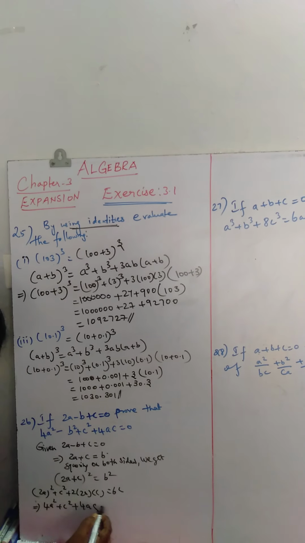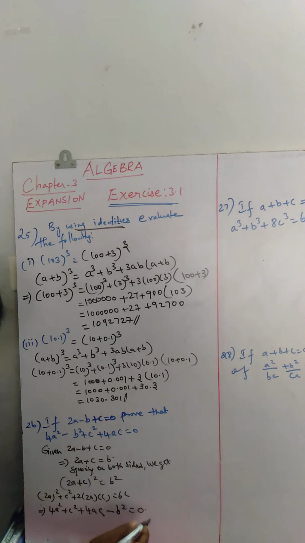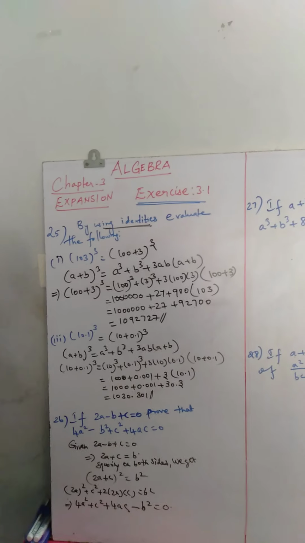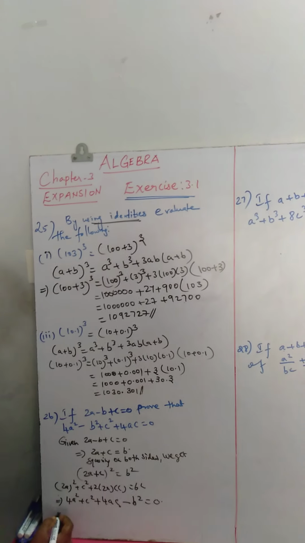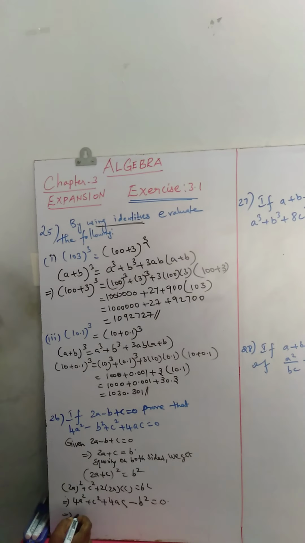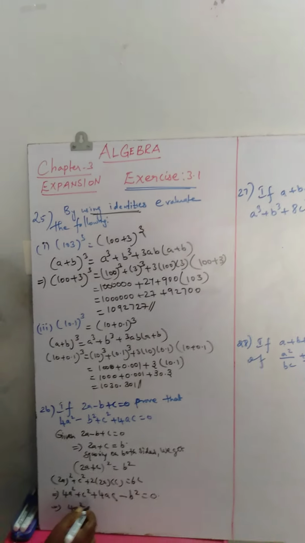Then bring this b square to the other side, minus b square equals 0 it will become. So which is what we are supposed to find here according to the term what they have given. We are going to write that one in this order.